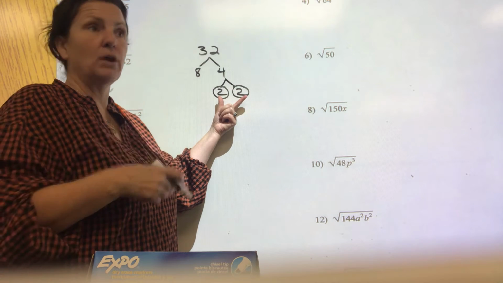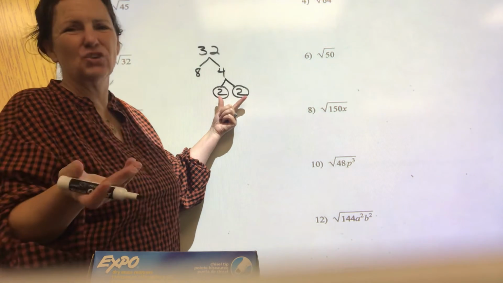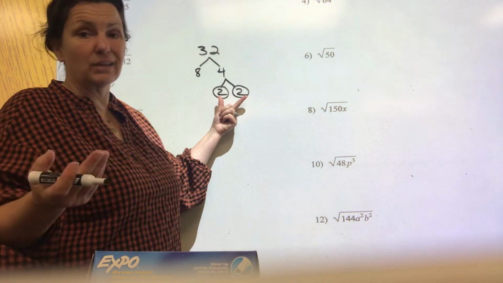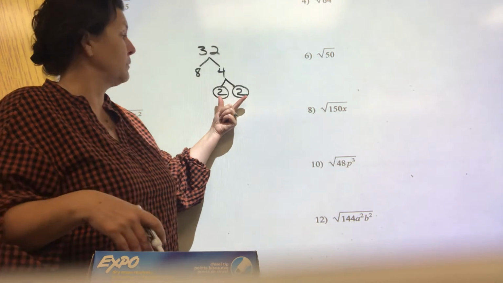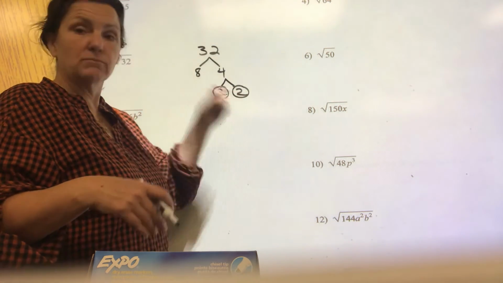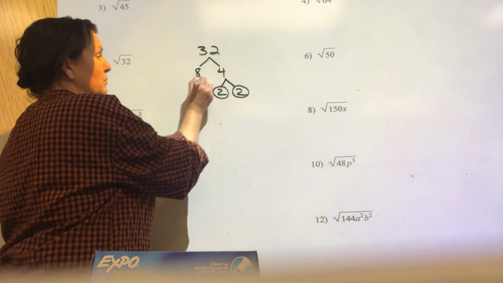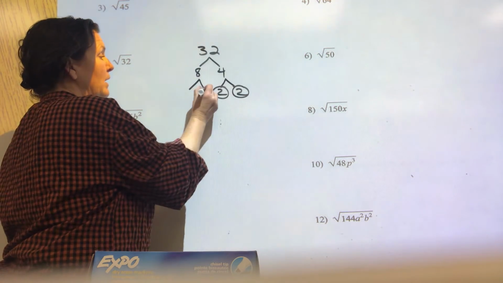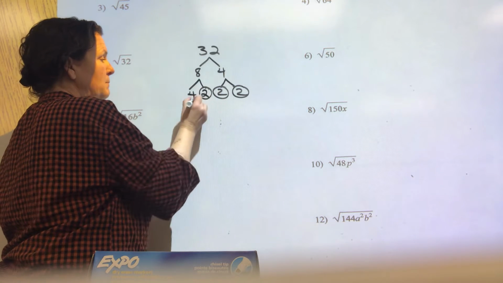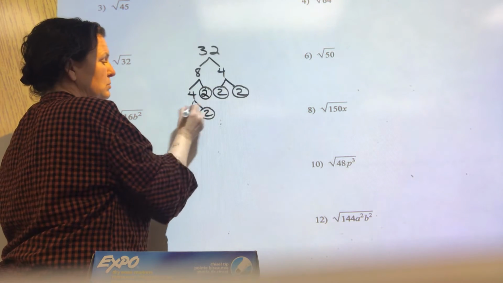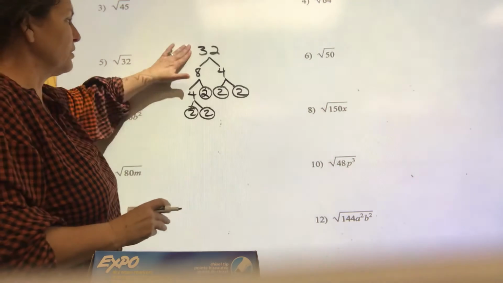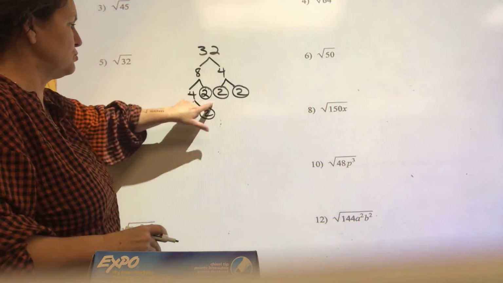So 17 is a prime. 13 times 1 lets you know that 13 is a prime because nothing gives you 13 but 13 times 1. So we're done. I circled them so that my brain can see that because I'm such a visual learner, like many of you. Here we have 2 and 4 prime and 2 and 2. Nice. Okay, so 32 is the same thing as saying 2, 2, 2, 2, 2.